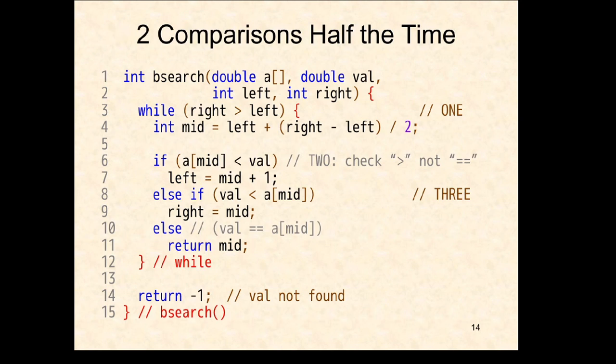If I reorder this to do the less than and greater than, and then the equality is implicit, so now I have, it says 2 comparisons half of the time. Now I said 3, I don't know why it says 3, that really should say 2, because we're sort of counting 1, 2.